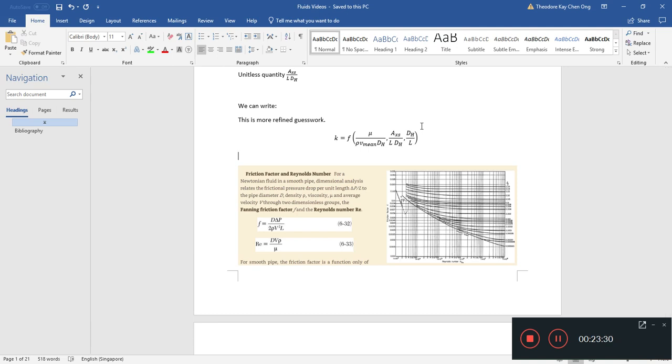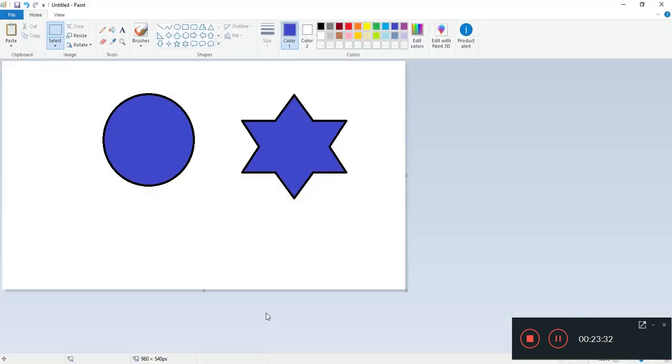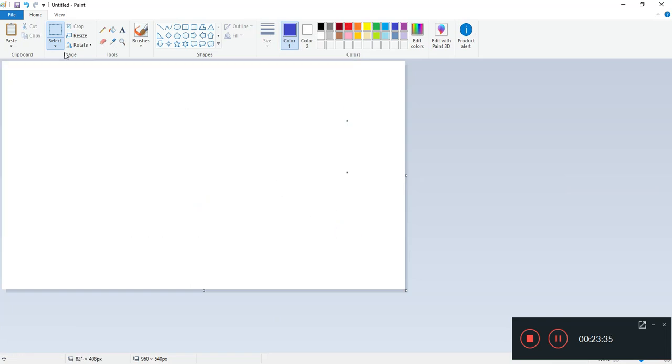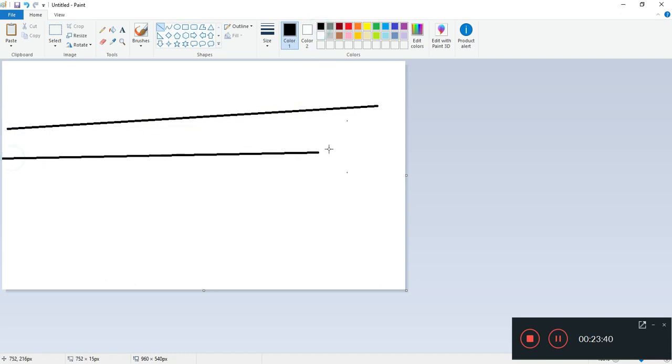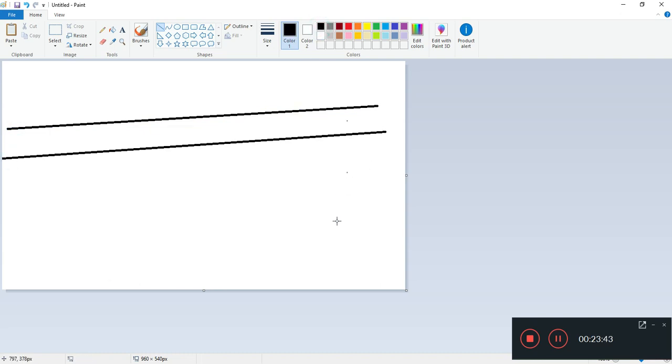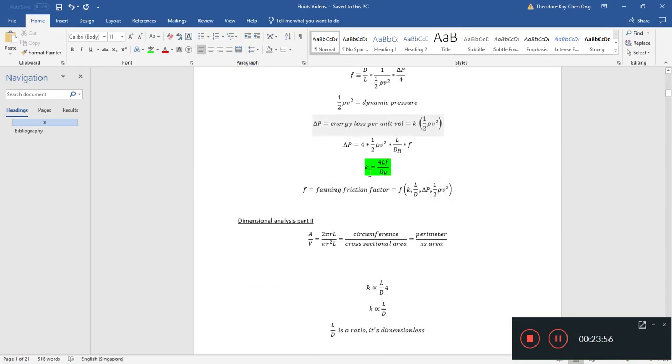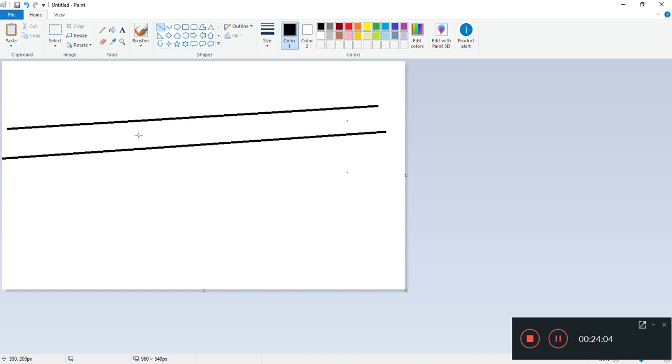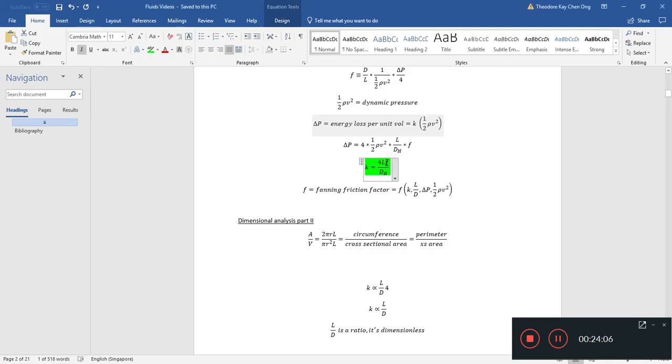So for a 1,000-mile long pipe, let's say you want to ship oil or some other kind of fluid across the country, and we have never built it before, we cannot experiment with the pipe. We can just estimate its losses by going back to this. We'll find the L, we'll find the hydraulic mean diameter, and if it's a circular pipe, we just find its diameter. We find this Fanning friction factor.